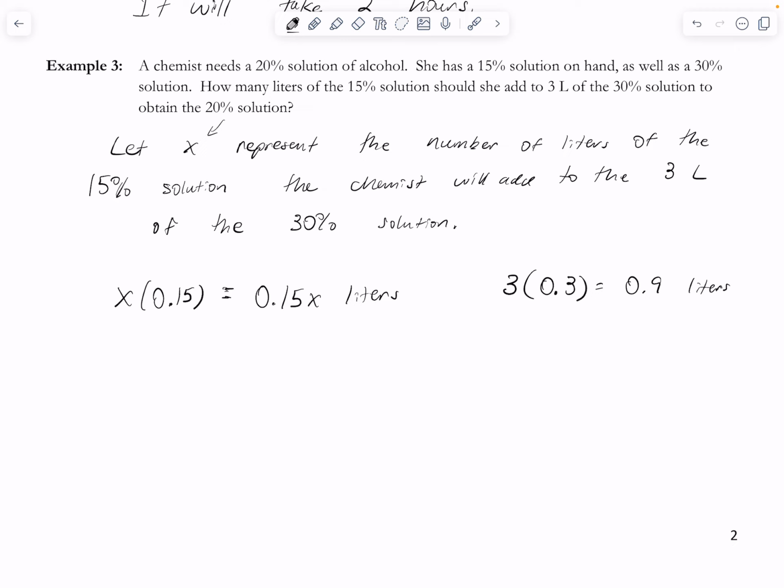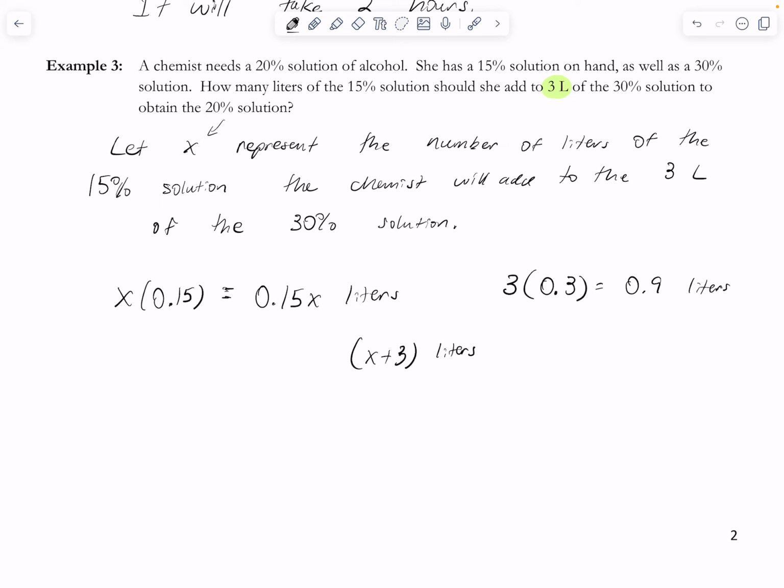The total amount of solution resulting would be x plus 3 liters, because we're starting at 3, and we've got to add the 15% solution until we get some amount that's going to give us a 20% solution.